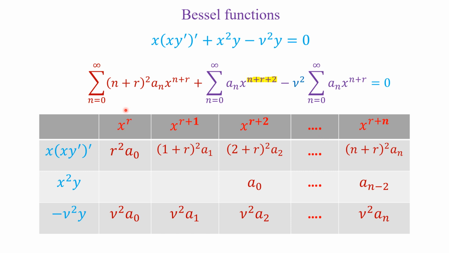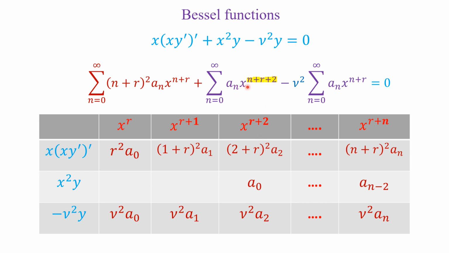Now I come to the second one, x squared y. That is this summation. Here, when n equal to 0, what will happen? This x power r plus 2 comes because n is equal to 0. So you cannot find the first two terms here.